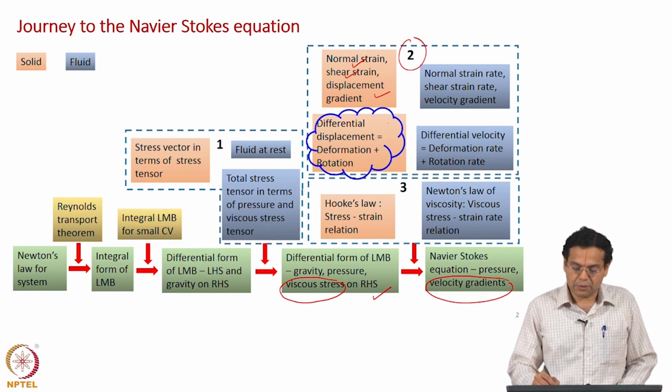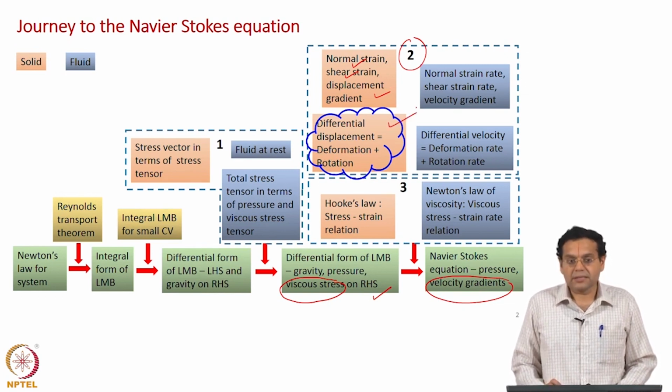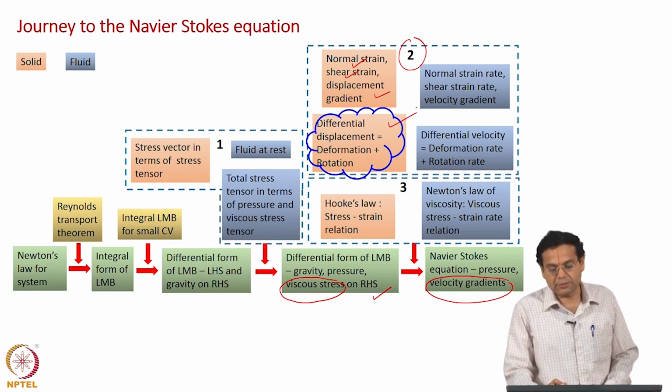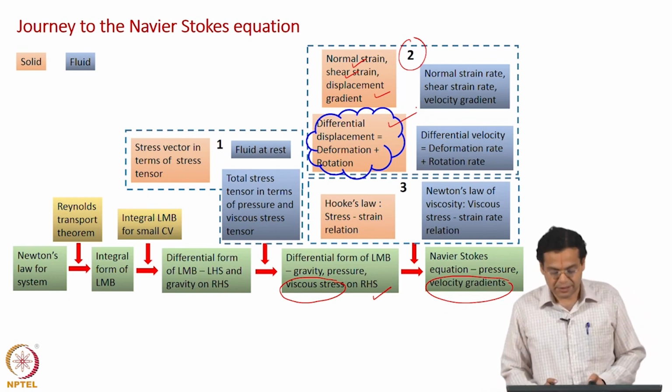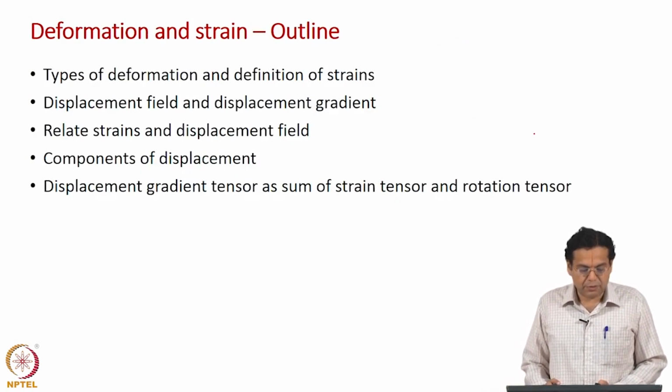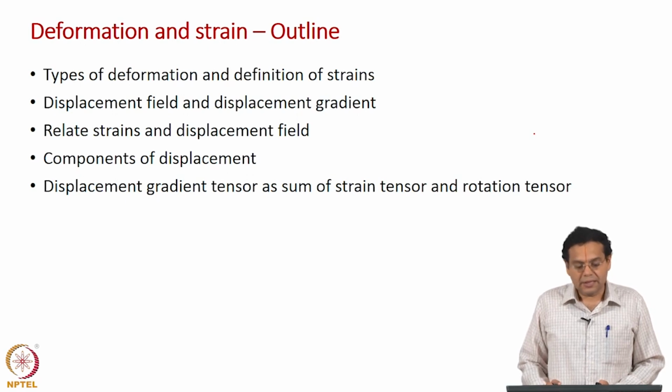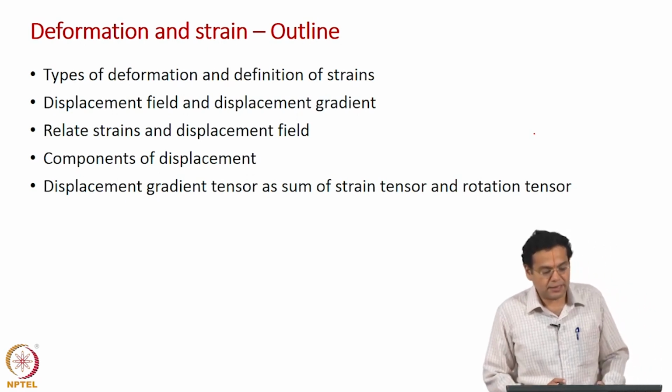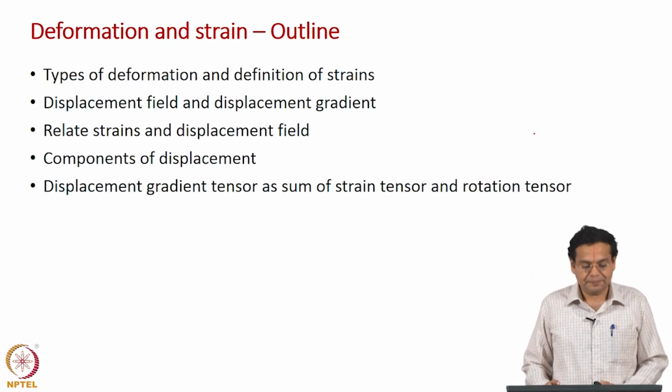Now we are going to discuss this block, which says differential displacement is equal to deformation plus rotation. Let us see what it means. In terms of outline, this is the outline for our second visit to solid mechanics, titled deformation and strain.